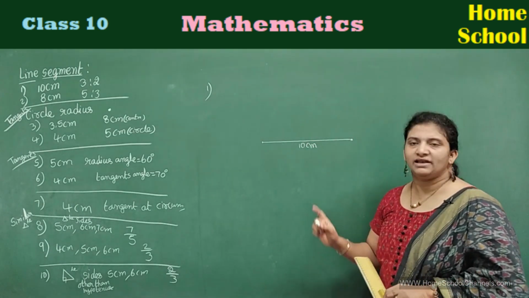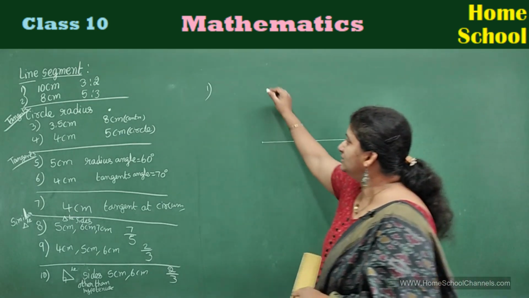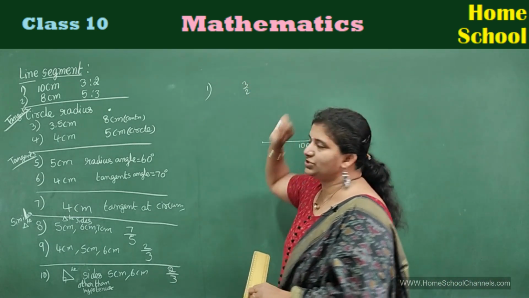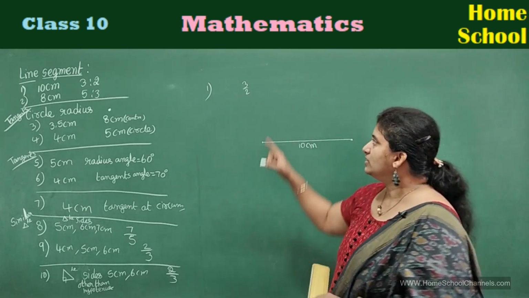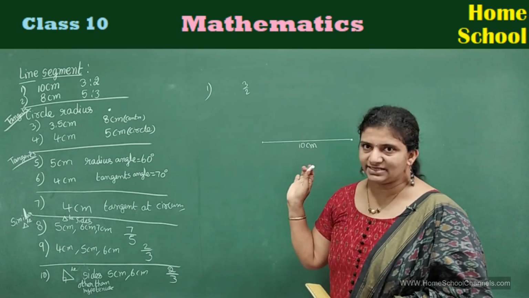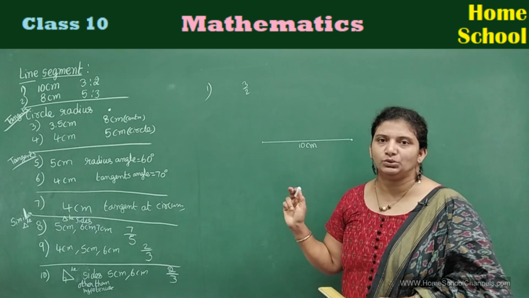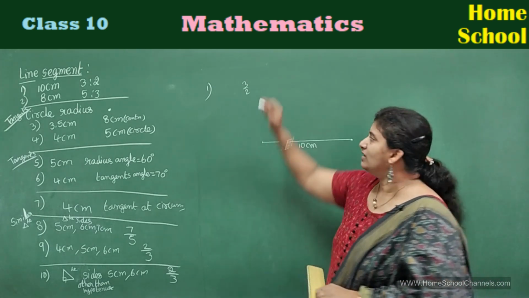Draw a line segment of length 10 centimeters. What is the line segment length? 10 centimeters. You need to divide this line segment in the ratio 3:2. So first thing you need to do, draw a line segment. Second step, add the ratio 3/2. 3 plus 2 will be 5.